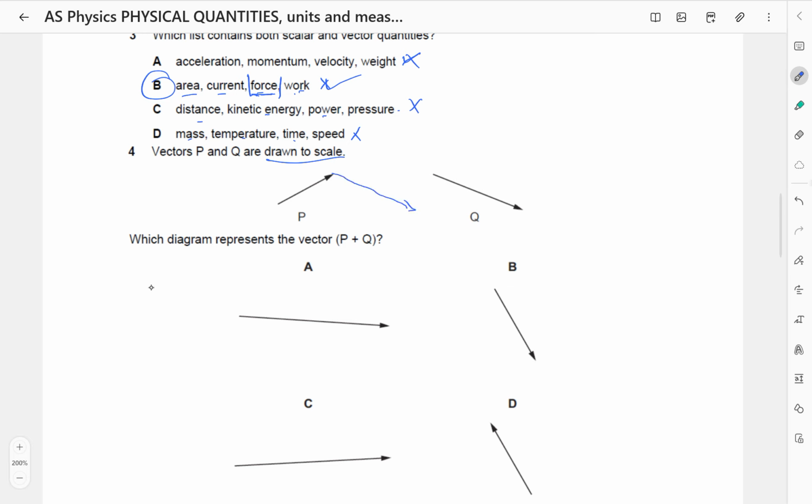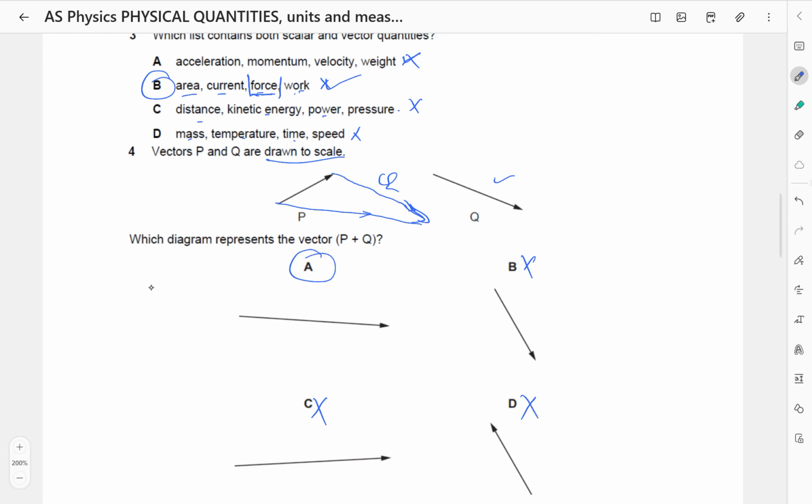You notice that the resultant should be somewhere here. Because vector Q is bigger in magnitude than vector P, the resultant is not perfectly horizontal. The resultant cannot be vertically downwards or vertically upwards. So the answer is going to be A.